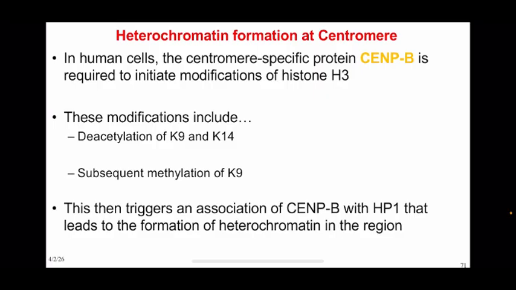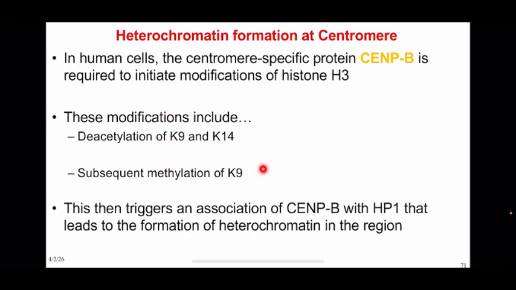So take note, at the centromeres we need a centromere-specific protein called CENP-B. That protein is required to initiate modifications on histone 3, and the modifications are deacetylation and methylation. When these modifications occur, they trigger association of the CENP-B protein with HP1. It's like these modifications indirectly create binding sites for HP1.